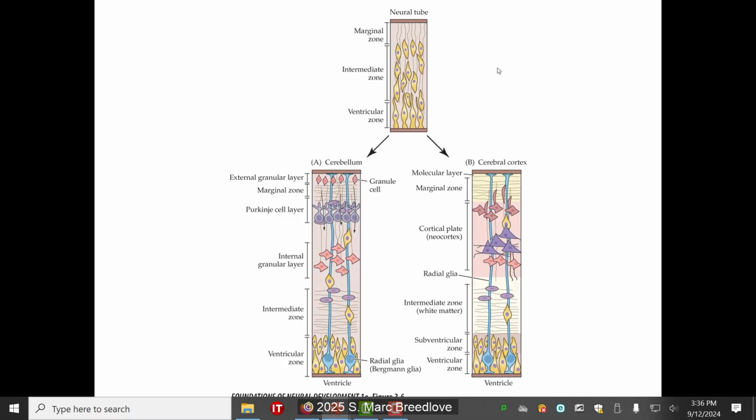Okay? So here in the cerebellum, we still have the pial surface and the ventricular surface. And by the time we get this late in development, in fact, all neurogenesis is going to be happening at the ventricular zone. So that business of the mitotic figures being only next to the ventricle, that's going to continue.